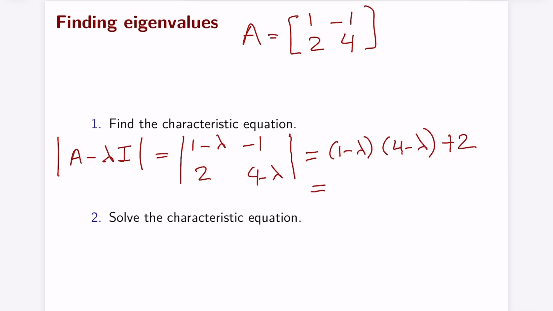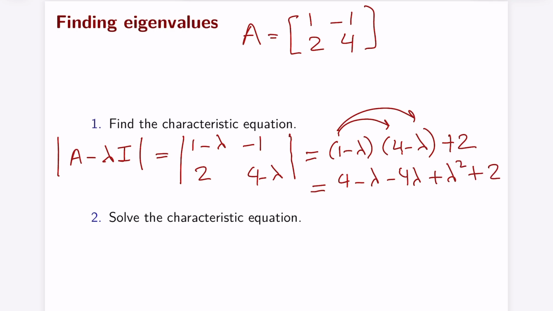Let's do the operations: 4 minus lambda minus 4 lambda, just doing the distributive property, and so plus lambda squared plus 2.